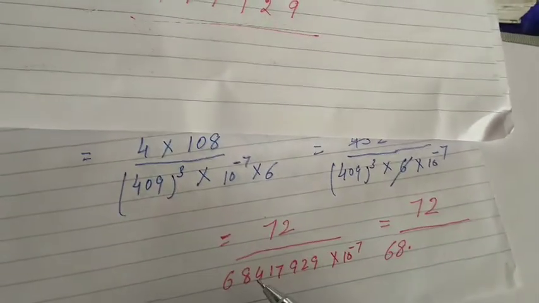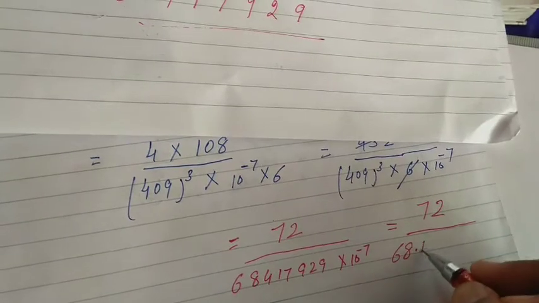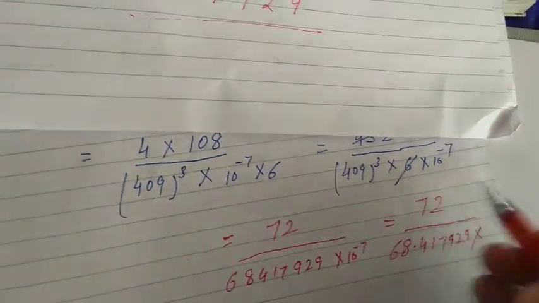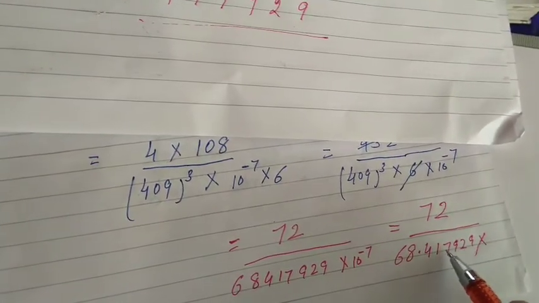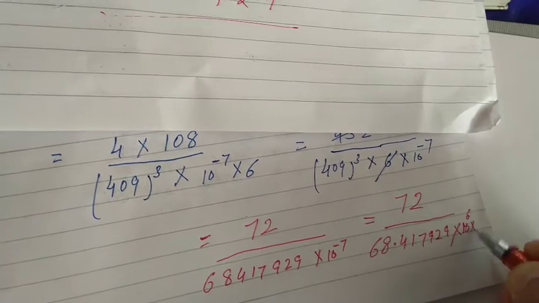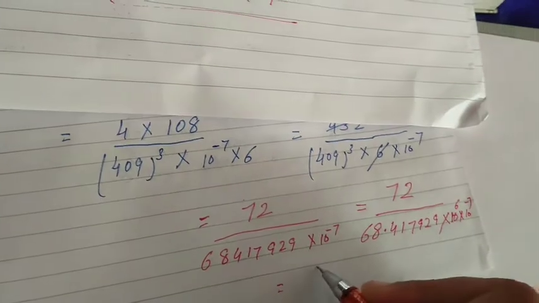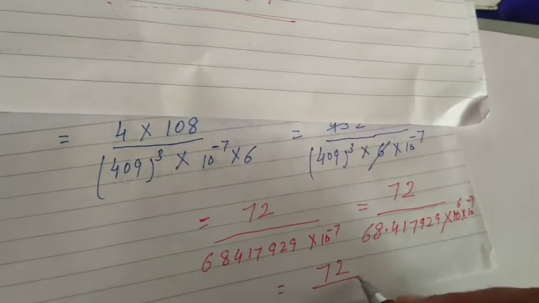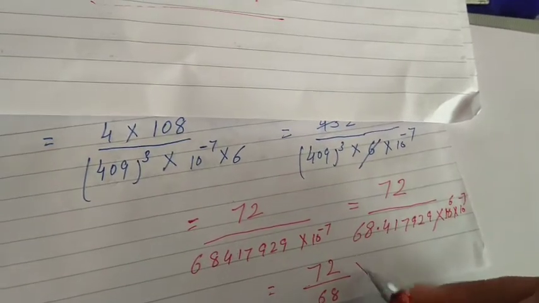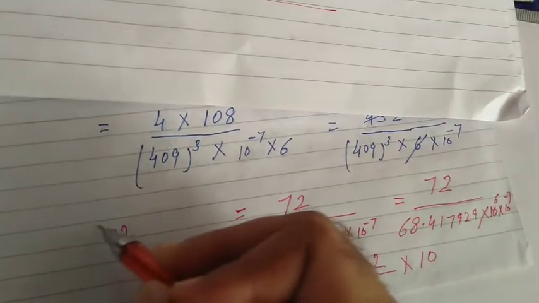So mention decimal point after 2 numbers. 68.417929 into 10 to the power 6. Already there was 10 to the power minus 7. Now student, it becomes 7 to divide this by 68 into 10. Now divide 72 by 68.